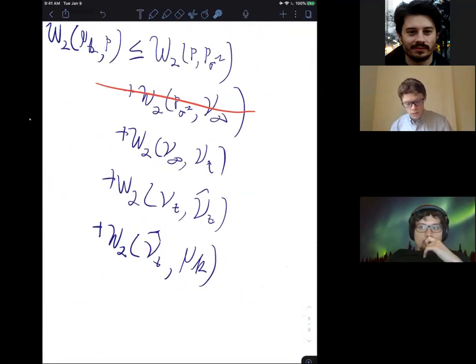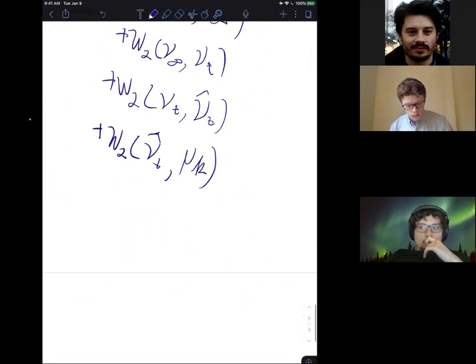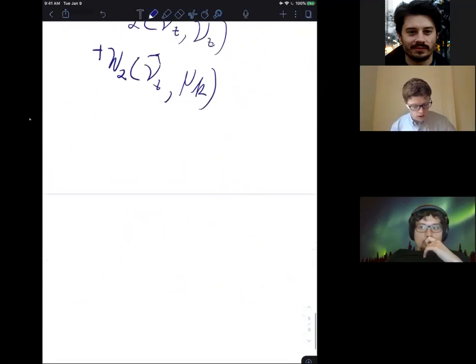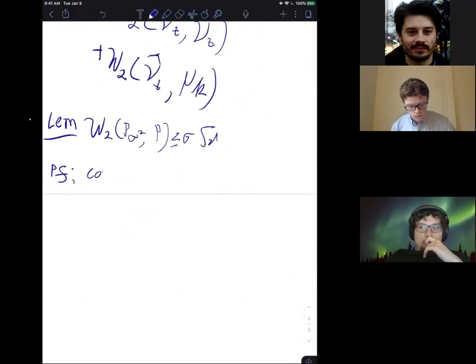This term is very easy, because we have the following lemma with a one-line proof: W2 of p sigma squared and p is less than or equal to sigma root d. The proof is to consider the coupling of x and x plus c, where x has distribution p and c has distribution g sigma squared.